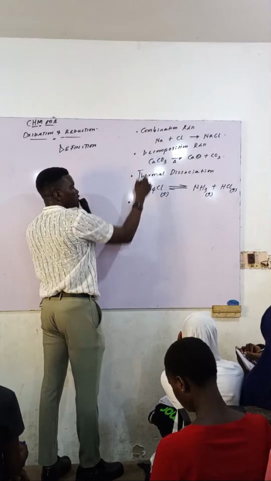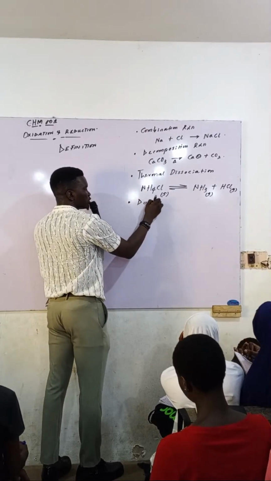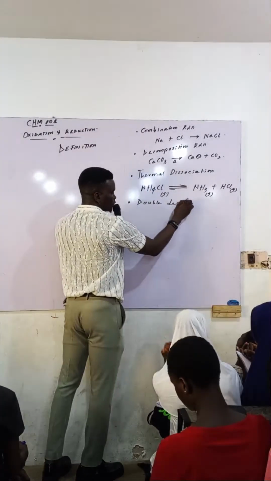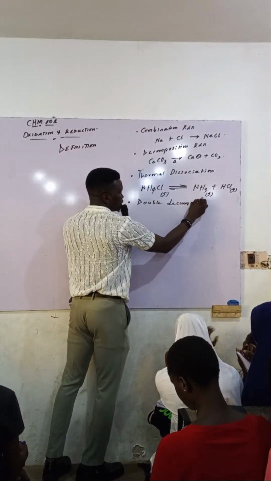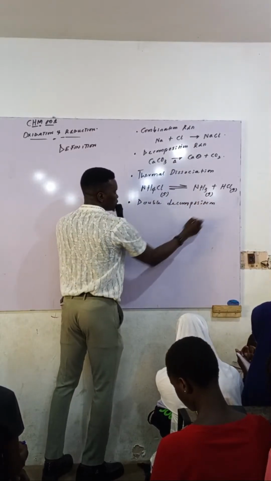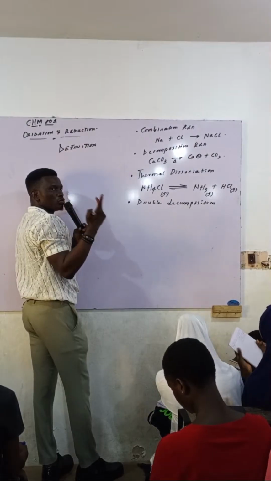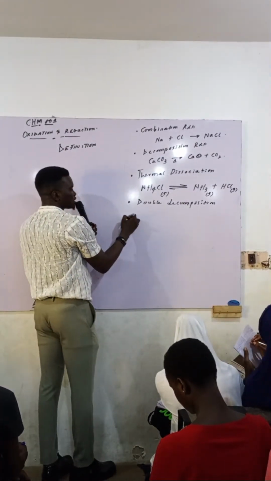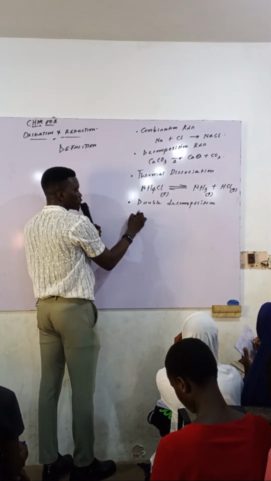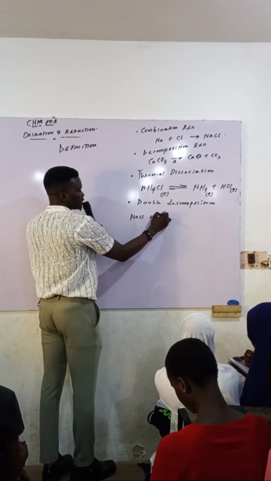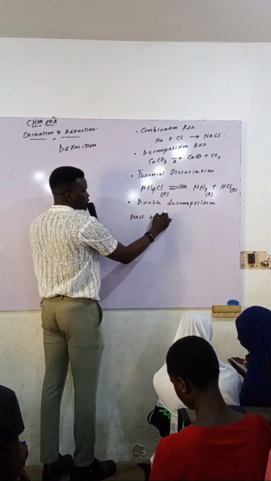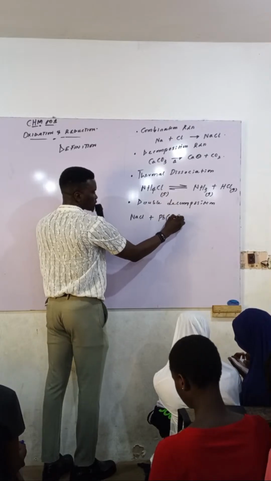We also have something called double decomposition. In double decomposition, you take two soluble substances. Let's say I'm taking sodium chloride plus lead nitrate.